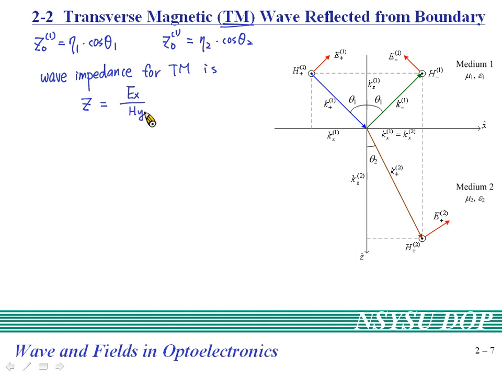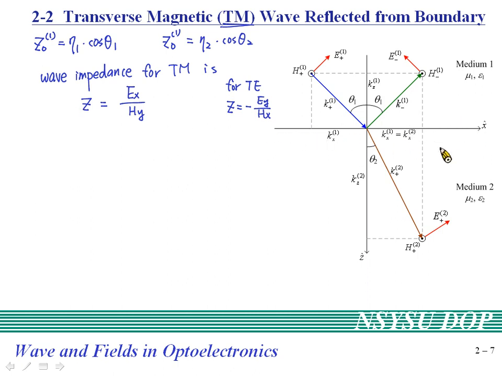Okay? So the definition of wave impedance for TM wave is in this form. And remind you that for TE, the definition for wave impedance is minus Ey over Hx. Okay? So following the definition here, we can then use the continuity of the wave impedance at the dielectric interface.